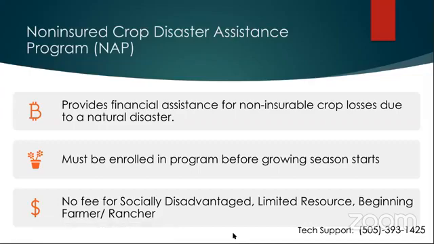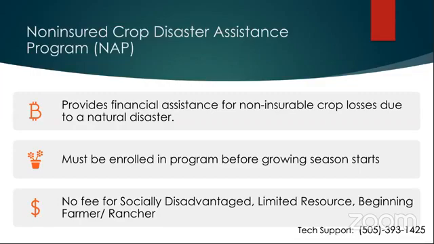The Non-Insured Crop Disaster Assistance Program, we refer to it as NAP or the Crop Insurance Program, as a lot of you have come to know it. What it does is it provides financial assistance for non-insurable crop losses due to a natural disaster. It's kind of like car insurance.